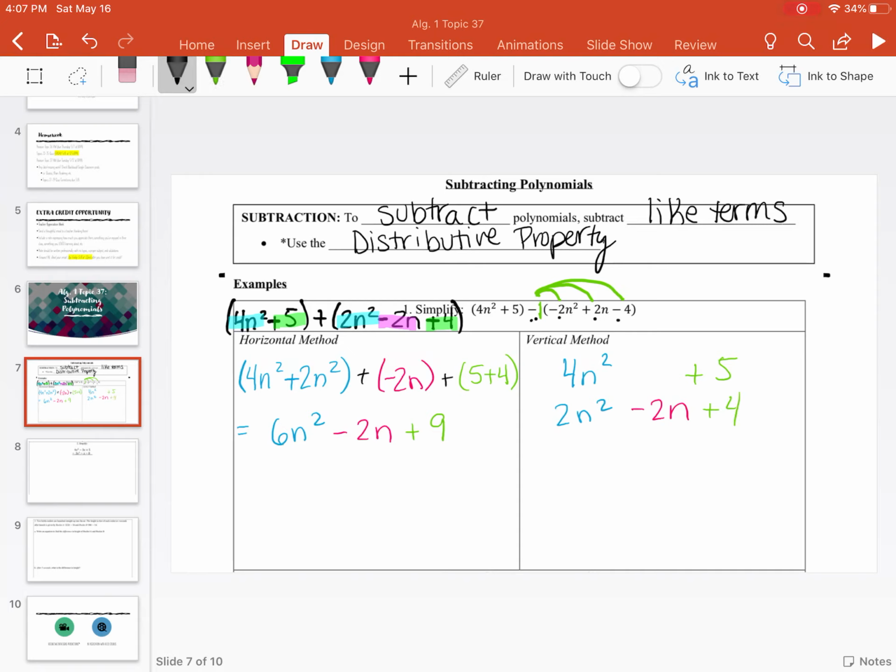Since we already distributed that negative 1, we can just combine our like terms now. 4n squared plus 2n squared gives us 6n squared.